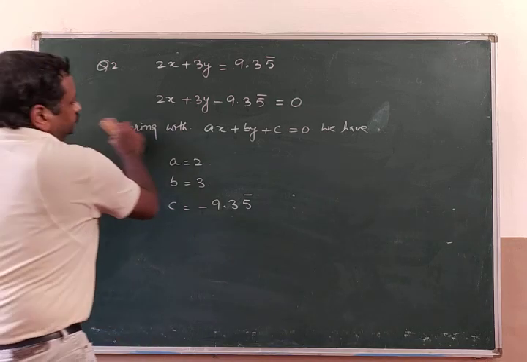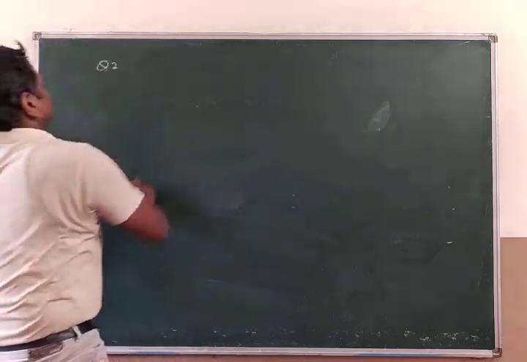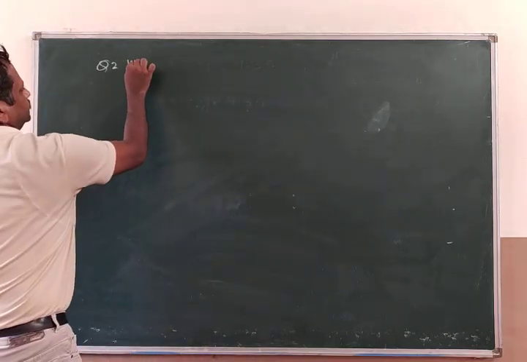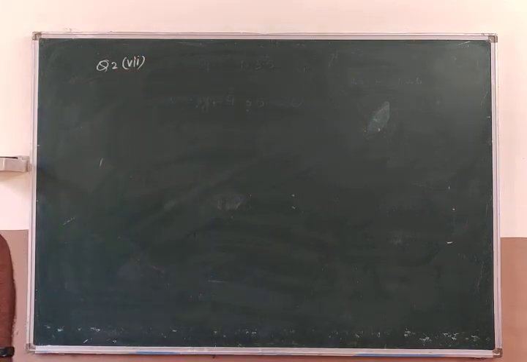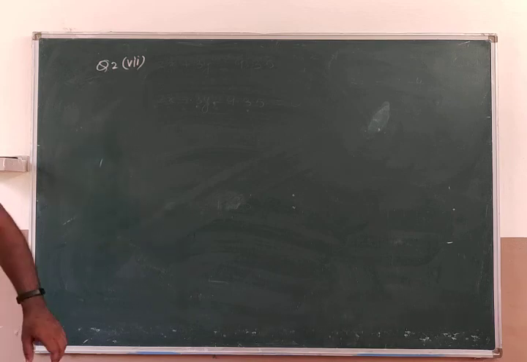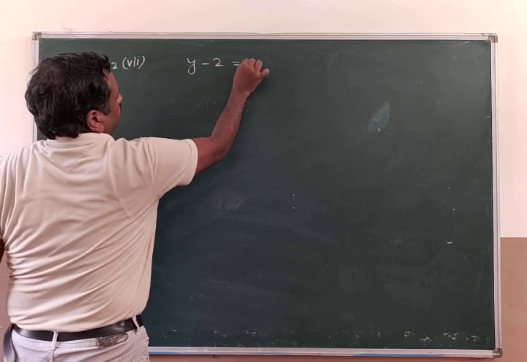Similarly, we will do the seventh part, that is y minus 2 equal to 0.